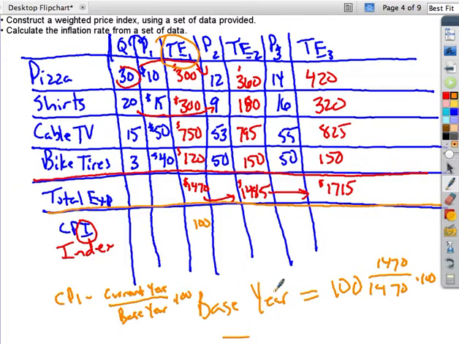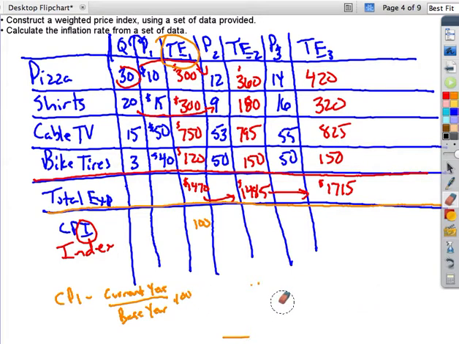All right, and so for the second one, in the second year, we're going to say, here's the total expenditure, so 1485 divided by 1470 times 100.